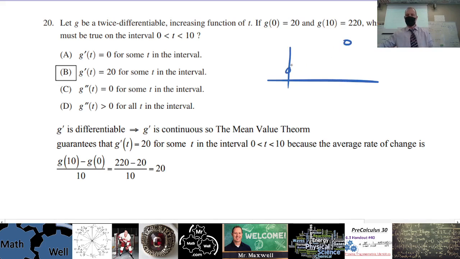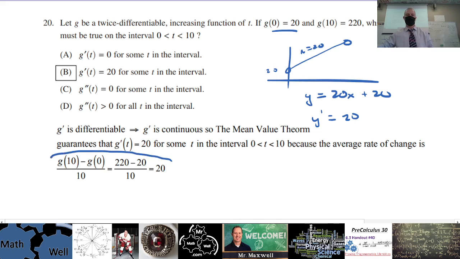Okay, so the other way that Ben did it here in my class was knowing that we have 2 points like this. This straight line would be, what did you say, y equals 20x plus 20, right? We have a slope of 20. We have a y-intercept of 20 right here. And so the derivative of that is 20. So you're saying that the slope of this line is 20. That's just another way of finding the slope of the line, like over here. But that's great.